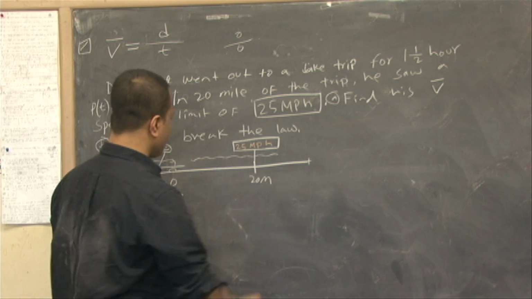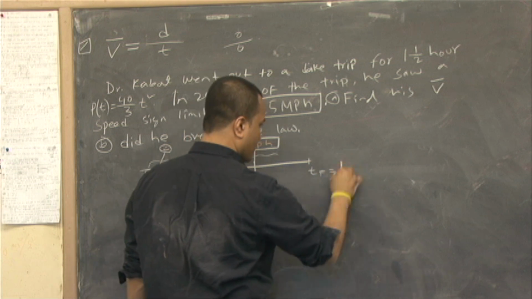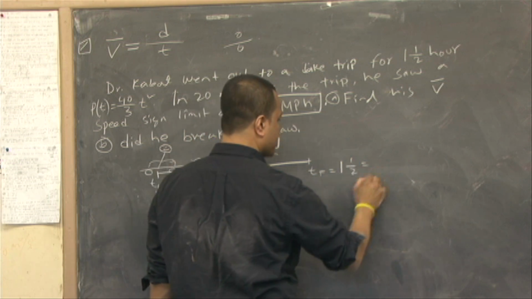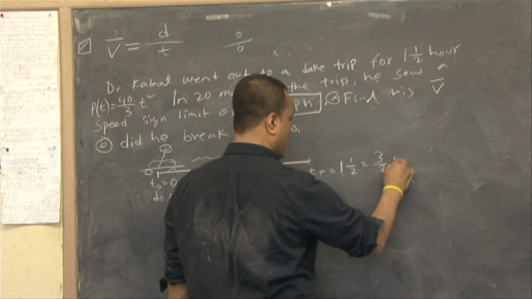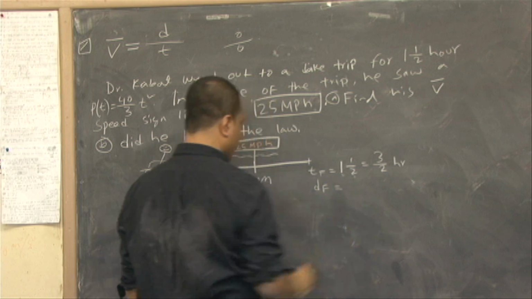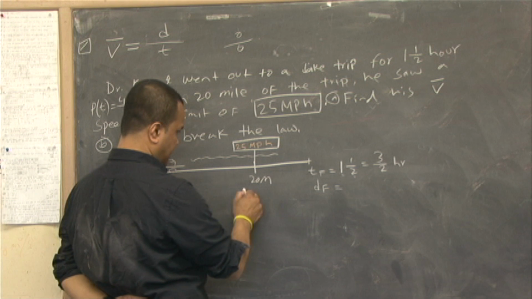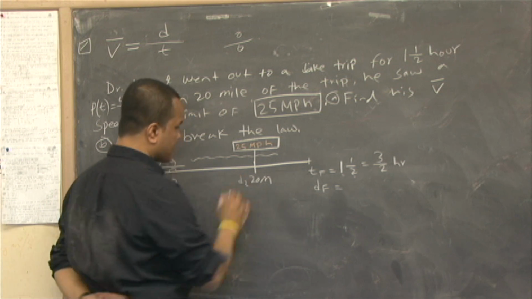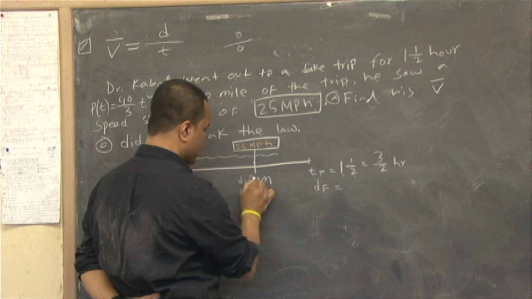T final is 1.5 hours, which is 3/2 hours. What is D final? We don't know, we will find out. We can say this is D2, and T2 we don't know yet. We'll find out.